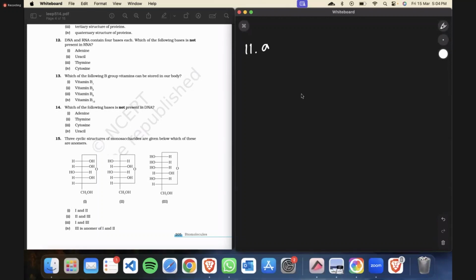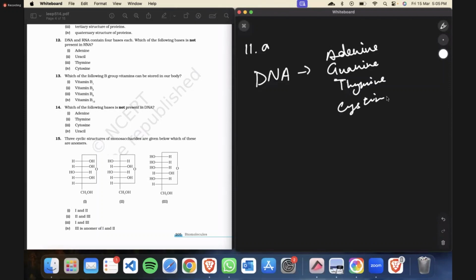So see, DNA will contain four bases: adenine, guanine, thymine, and cytosine. So remember for DNA, we have AGTC or AGCT, whatever you can remember.